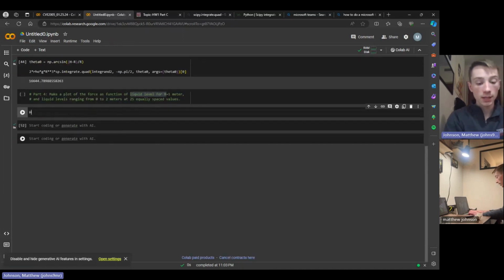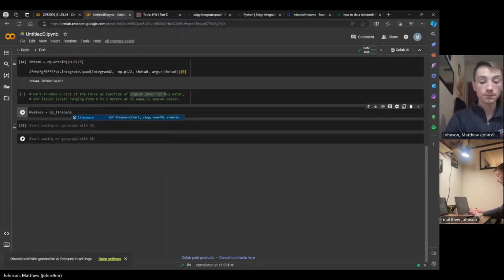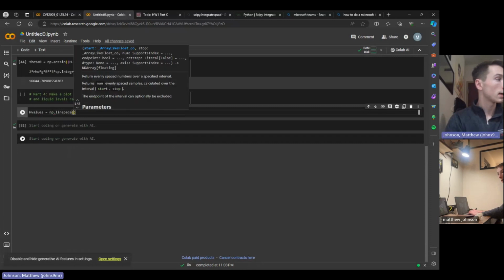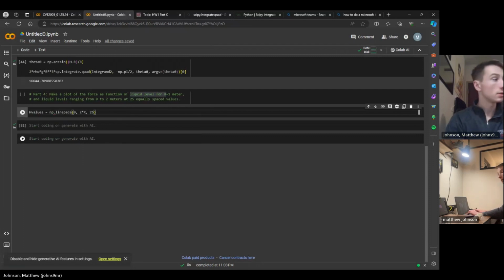So let's make our list of h values here. I'll call this h values, and that's going to be equal to a linear space. We're going to go from 0 to 2 meters, which is 2 times the radius, and then we want 25 equal spaces.